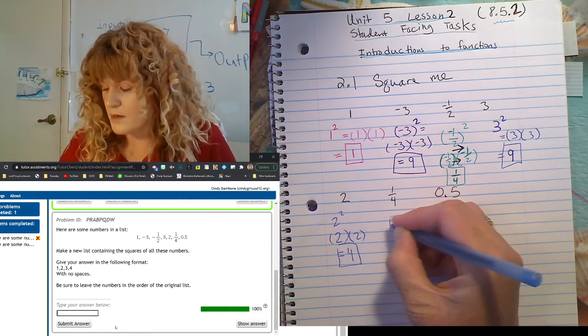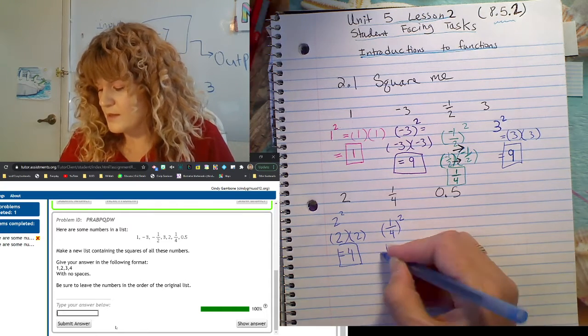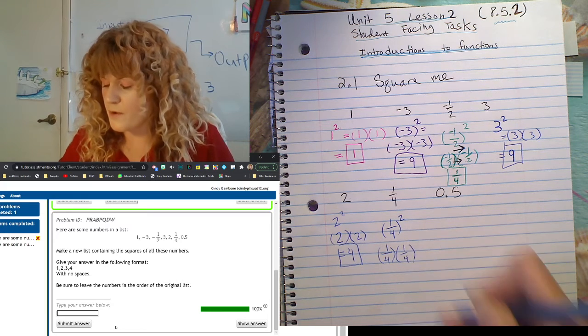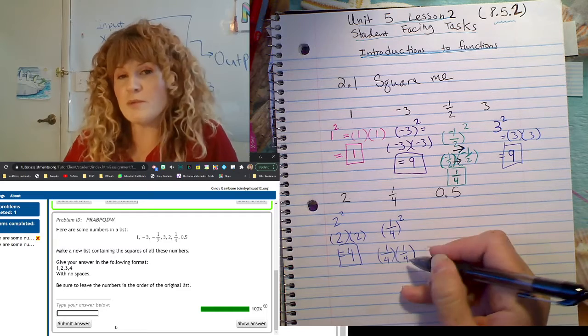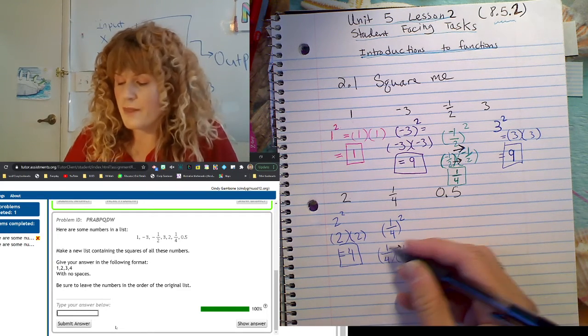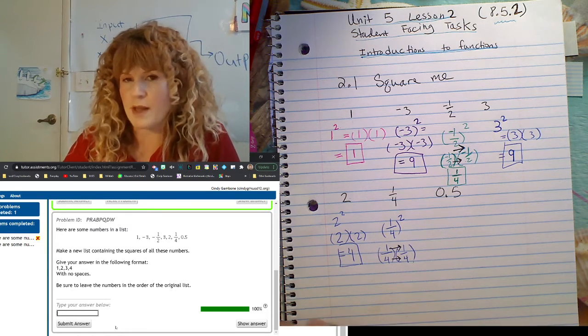1/4 squared is the fraction 1/4 times the fraction 1/4. And don't forget what I taught you a second ago. When you multiply fractions, you multiply straight across. The top numbers get multiplied and the bottom numbers get multiplied.